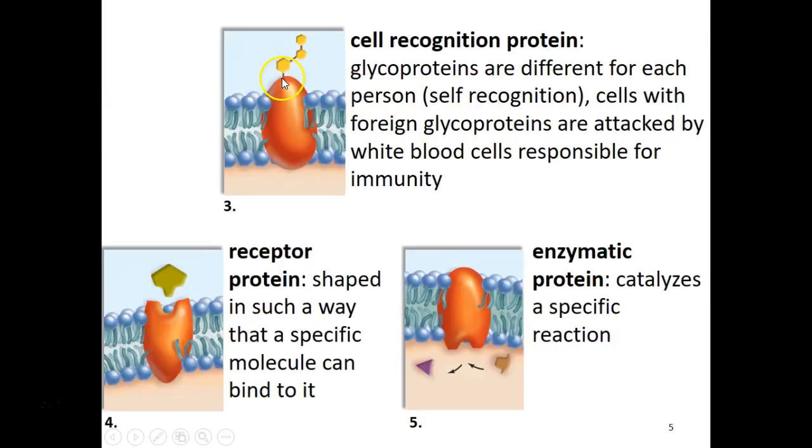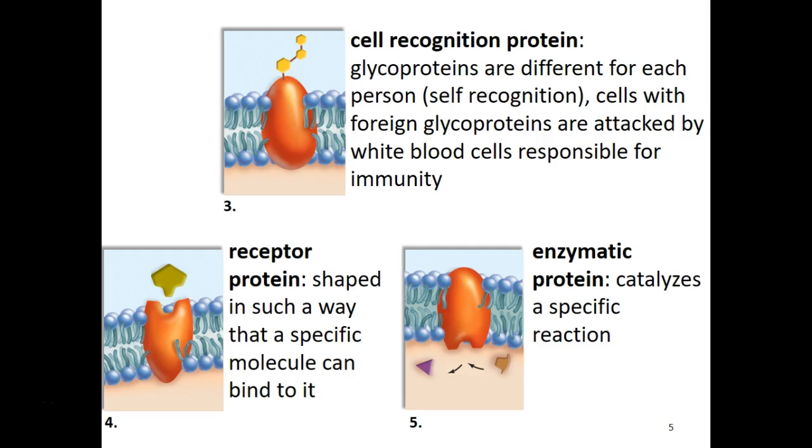Cell recognition proteins, these are your glycoproteins, and these can allow the organism to recognize the difference between a self cell and a foreign cell. Typically they're like identification tags. My cells have my own cell recognition proteins, which are like the fingerprints of my body, and my immune system won't attack my own cells.